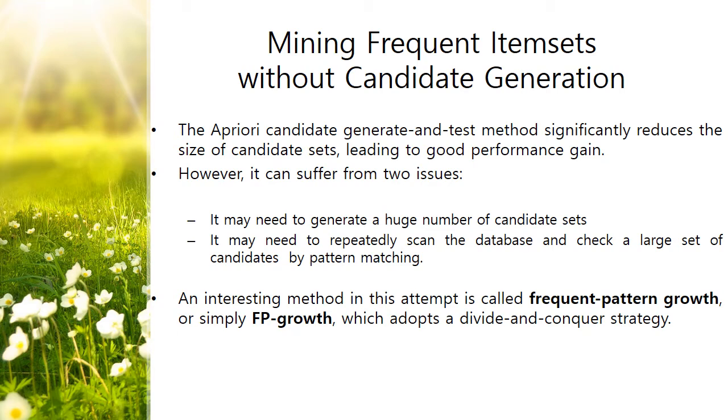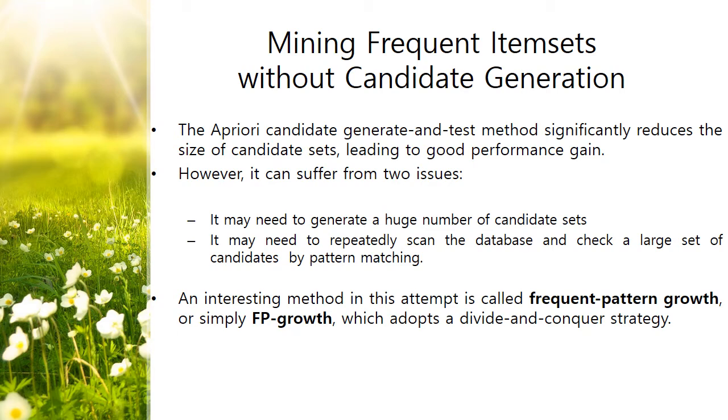However, it can suffer from two issues. These two issues are still there with the Apriori algorithm. It may need to generate a huge number of candidate sets. It may need to repeatedly scan the database and check a large set of candidates by pattern matching.